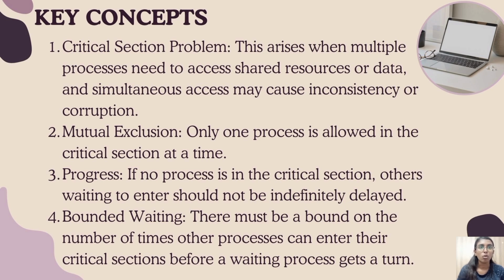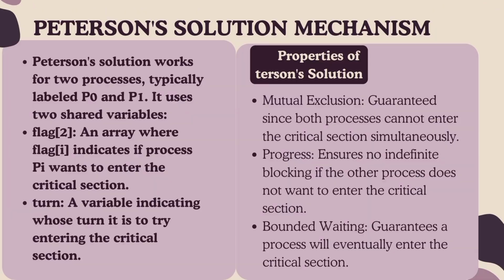Progress: if no process is in the critical section, others waiting to enter should not be indefinitely delayed. Bounded waiting: there must be a bound on the number of times other processes can enter their critical section before a waiting process gets a turn.